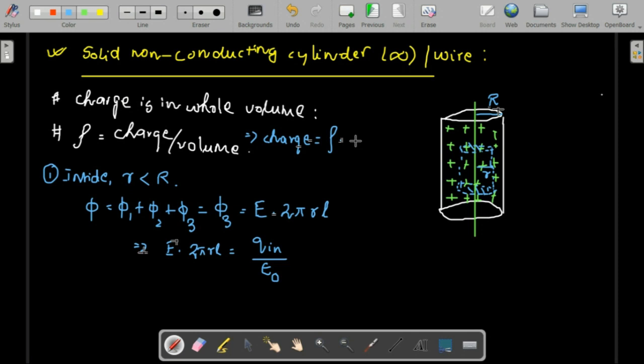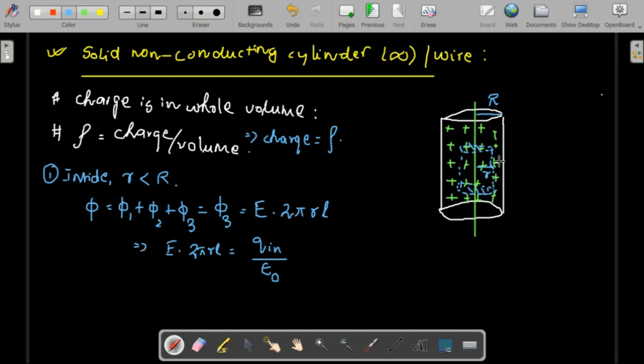Now this is basically a cylinder. We are talking about the charge density in the actual cylinder, not in the Gaussian surface. We consider the charge distribution of the entire cylinder when we are considering outside, but when we are considering inside, there is no point in taking the charge distribution of the entire cylinder. We have to consider the charge enclosed by this Gaussian cylinder.